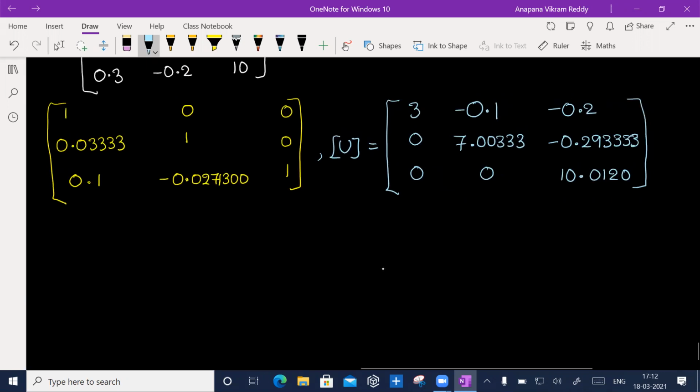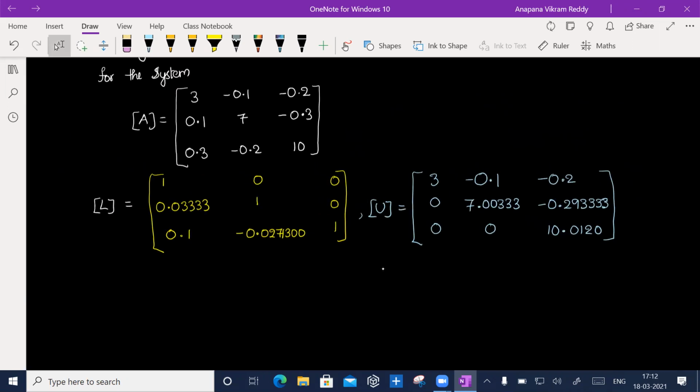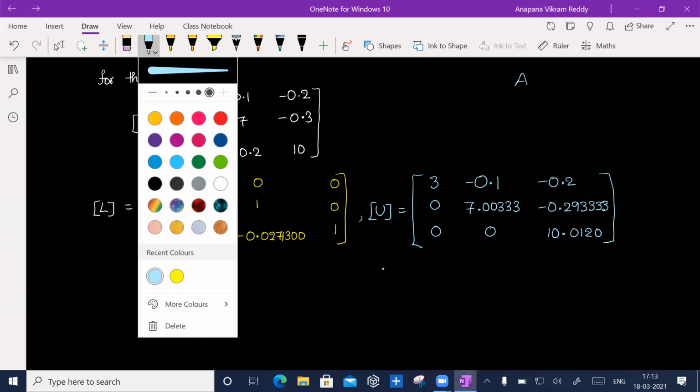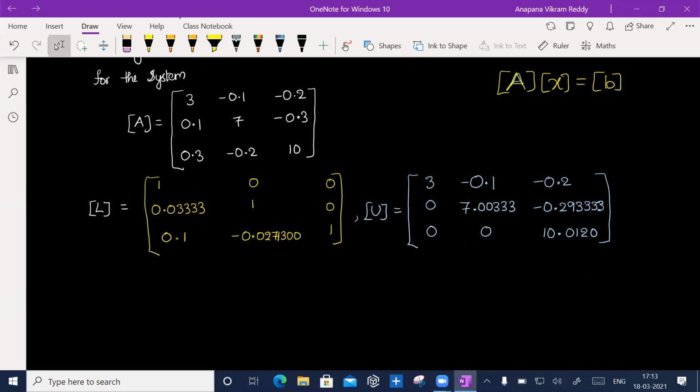Now you know what I can do. For example, you have Ax equal to B. Now I don't want to find X. My ultimate goal is to find the inverse of the coefficient matrix numerically.